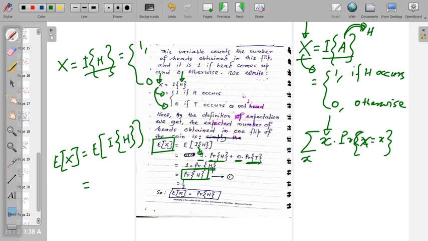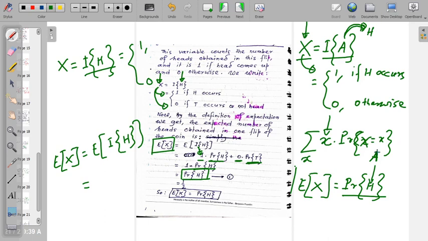So we get this big result: the expectation of the indicator random variable X is nothing but the probability of that event A occurring.